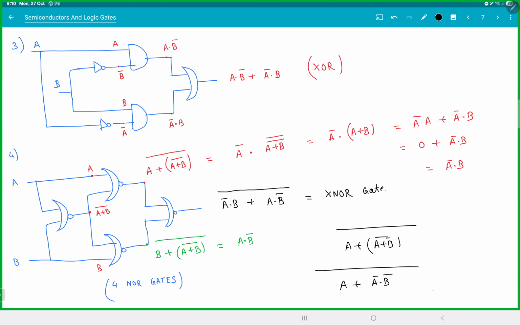I have to open it now. If I open this now, this will be A bar dot B bar whole bar. This will be A bar dot, and that will be A bar bar plus B bar bar, which is the same as this guy again, isn't it? Whatever you do, you'll get that only. Doesn't matter how you play around.